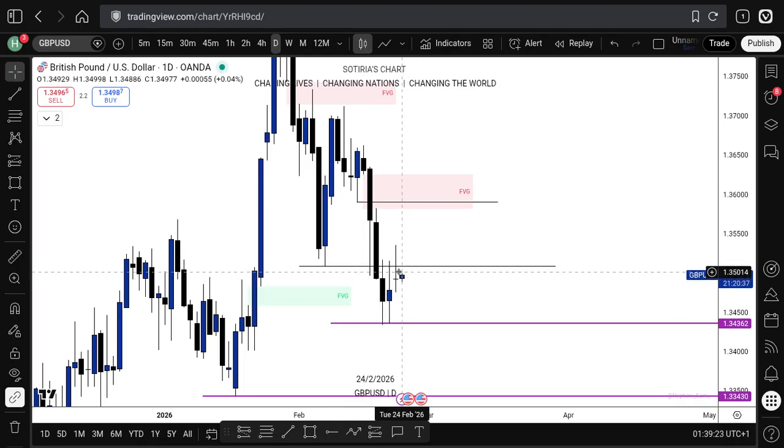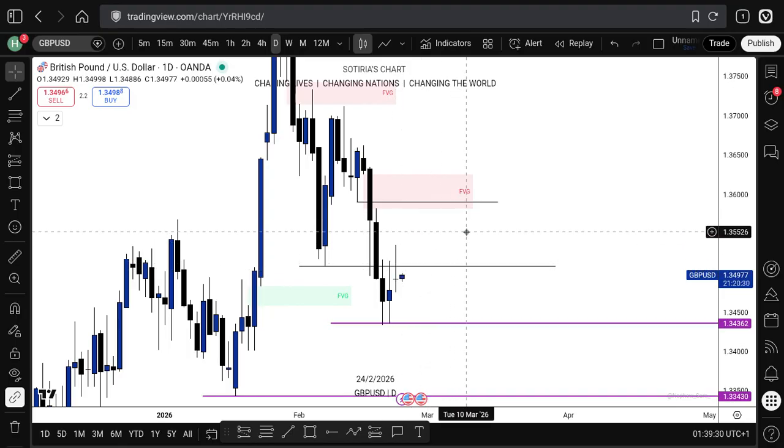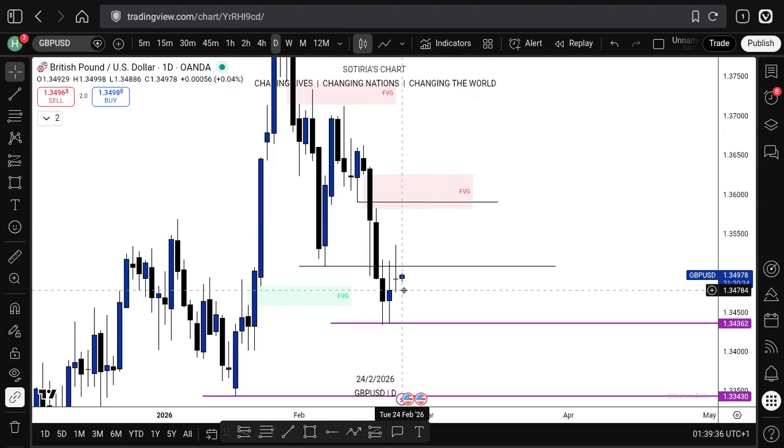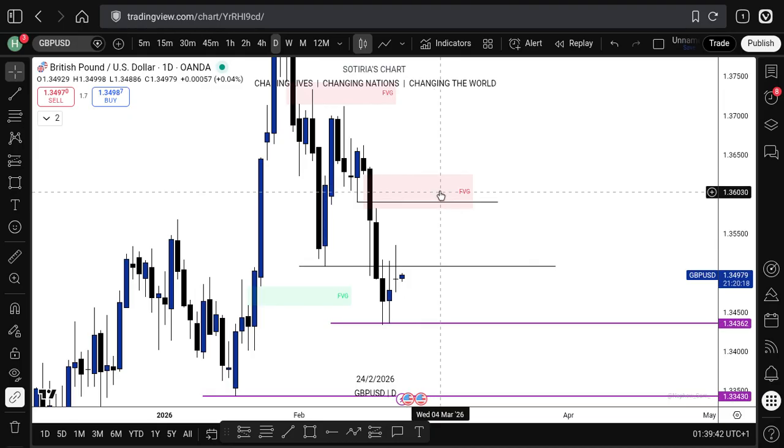Now another thing is, from the weekly breaker block that we are currently coming from, if price can give me an engulfing right here, then I will not have to wait anymore for price to come into this FVG.